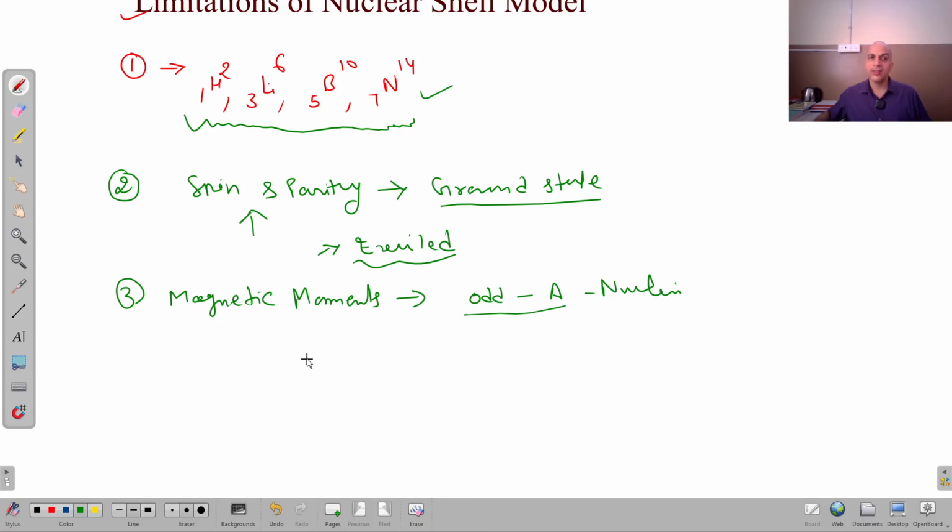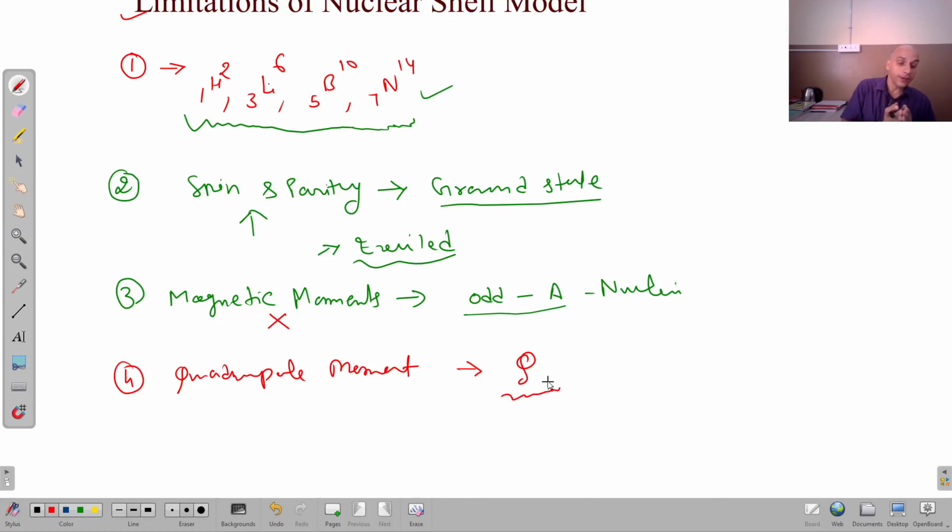So it means this shell model again does not make correct predictions of the magnetic dipole moments of different nuclei, right? So this is again a big drawback. Now I am coming to the case of the electric quadrupole moment. We know very well that the shell model is capable of calculating the quadrupole moment of different nuclei, right? And the shell model says that if a nucleus is magic, the quadrupole moment is 0 and it is exactly spherical.